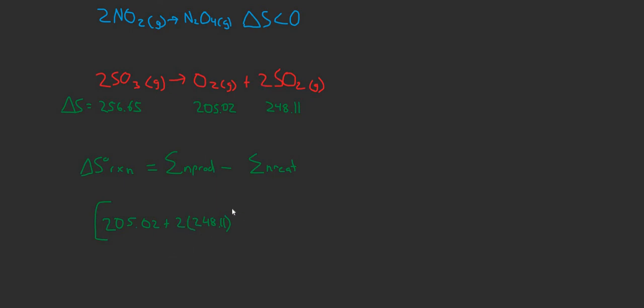So remember to multiply your values by the coefficients that come in front of each of those compounds. And we're going to subtract this from 2 times the value for SO3, which is 256.65.